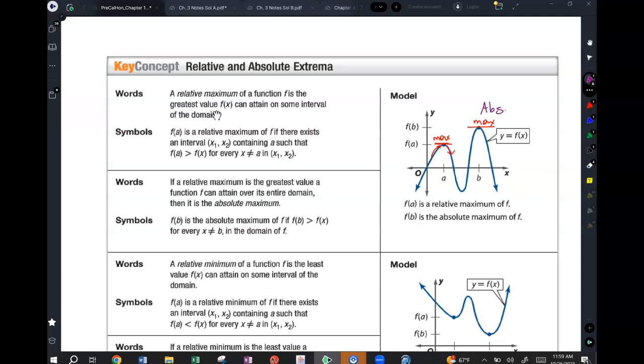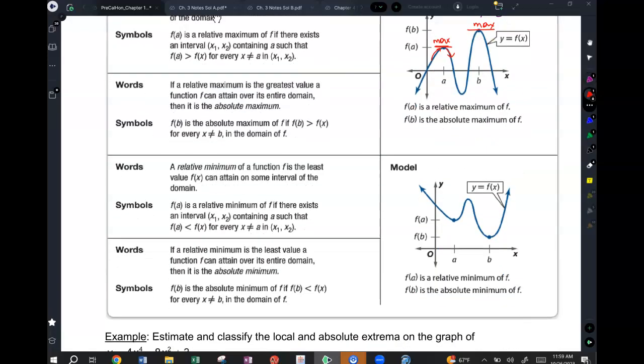All right? Same thing with a minimum. Wherever the graph changes from decreasing to increasing, it's a minimum. But if a minimum happens to be the very lowest point the graph reaches in its lifetime, it's an absolute minimum. Okay?